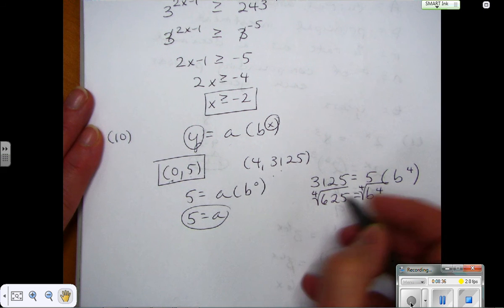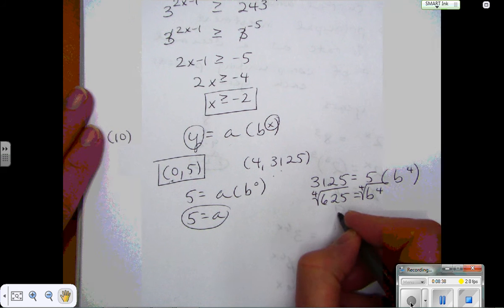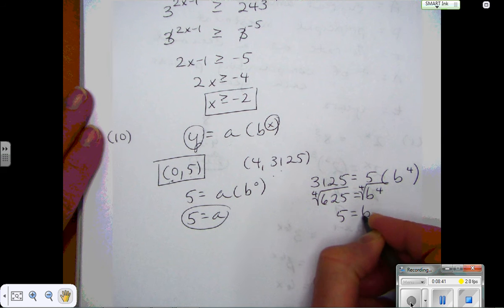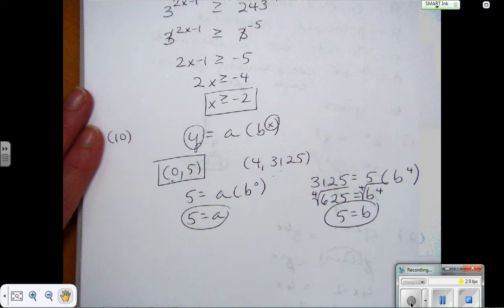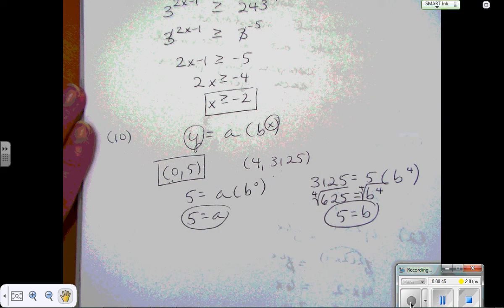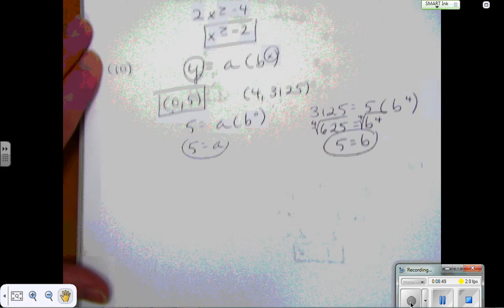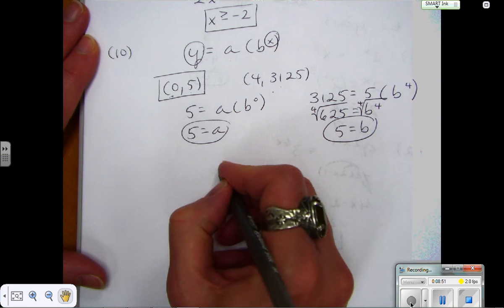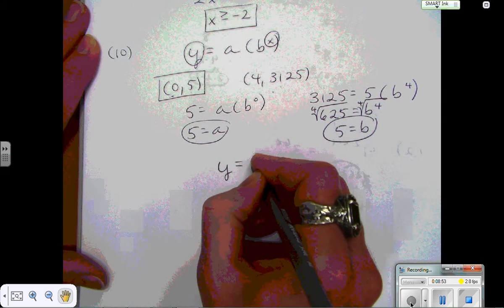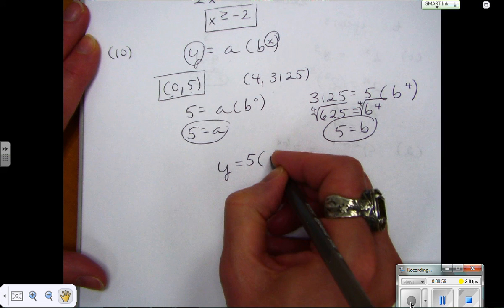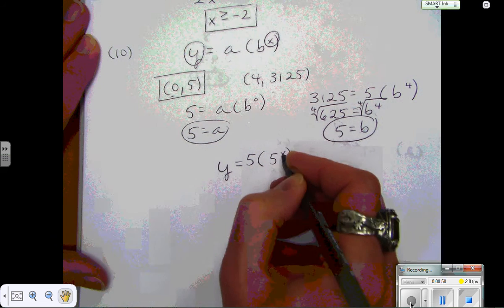So your b value is going to be 5. Doesn't always happen that they're the same number. It just kind of happened this time. And now you can write your equation. Y equals a, which is 5, times b, which is 5 to the x power. And that's your function.